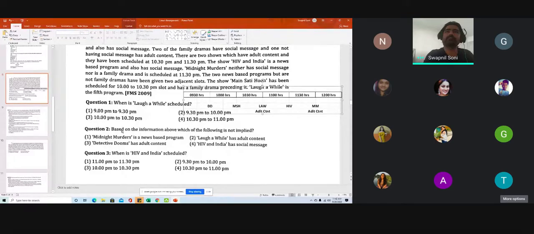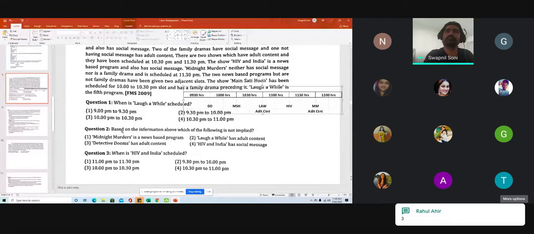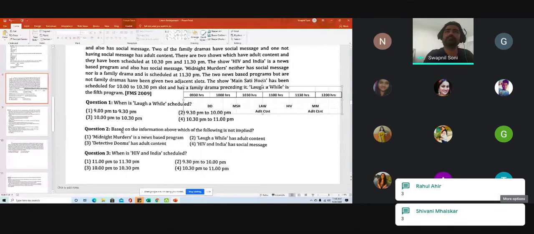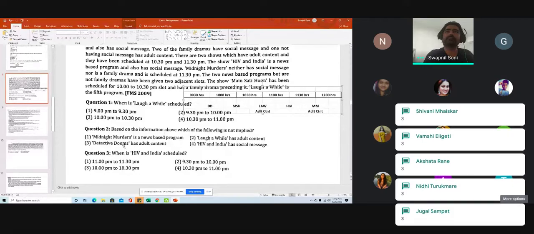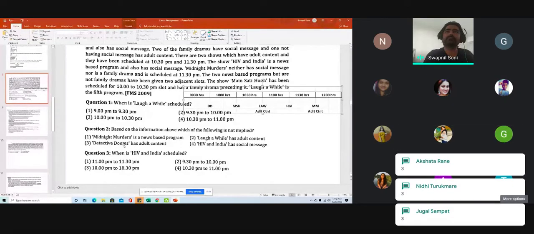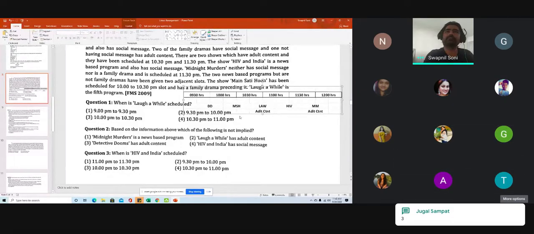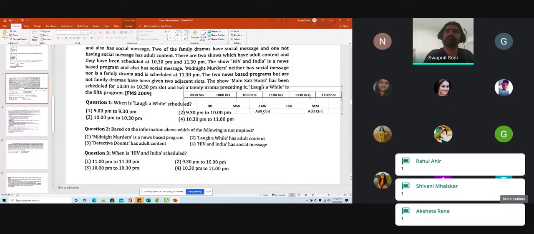Laugh a While has adult content, that is implied. Detective Doom has adult content, which is not implied. Detective Doom is a family drama with social message. It does not have adult content. Option 3. When is HIV in India scheduled? 11 to 11:30.